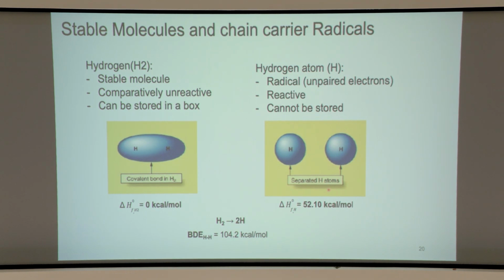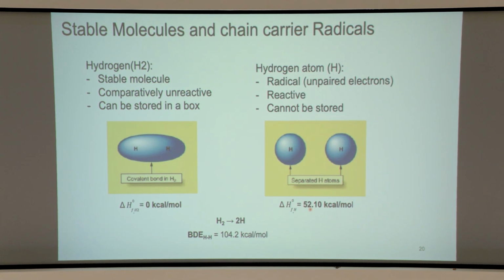The heat of formation of H radicals is 52.1 kilocalories per mole, and this comes from the bond dissociation energy. The bond dissociation energy between 2 H atoms to make hydrogen is 104.2 kilocalories per mole, so the heat of formation of one of those is 52 kilocalories per mole.